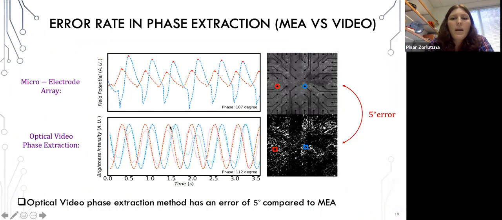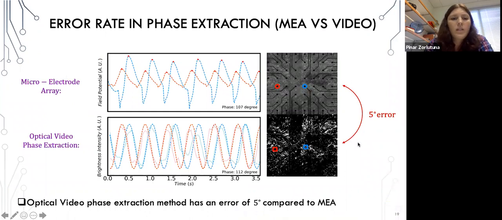And we also compared this side by side with the optical video phase extraction method we used with the microelectrode arrays that we optimized in the past. And we have seen that there's just a 5 degree error between the two.